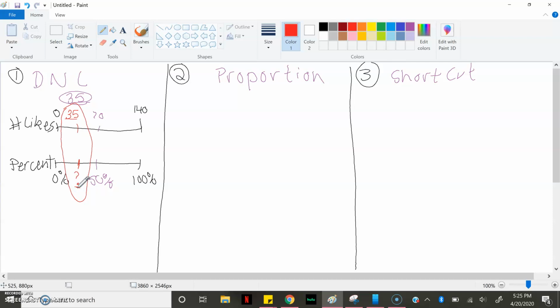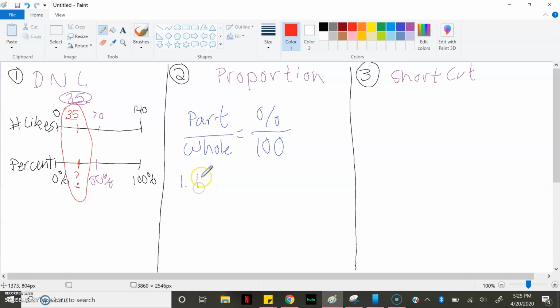The next thing we can do is set up a proportion. So we know from previous questions we've done that if we do the part divided by the whole and set that equal to the percent out of 100, we are going to do 2 things.